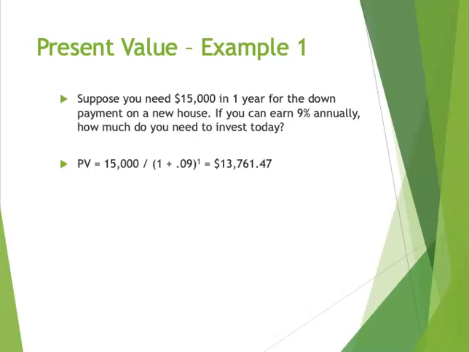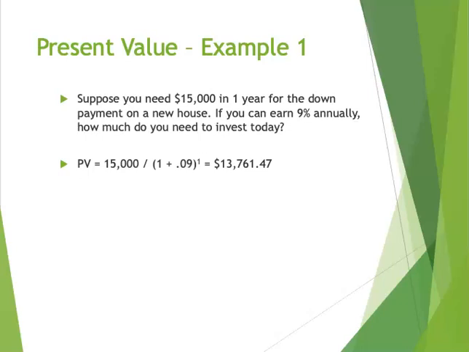So we know that we need 15,000 at the end of year 1, which is our future value, right? So present value equals future value divided by 1 plus r to the power t. So our future value here is the 15,000. We know that our interest rate is 9%, right? So it's the 1 plus 0.09. And because the time horizon is 1, it's to the power 1.